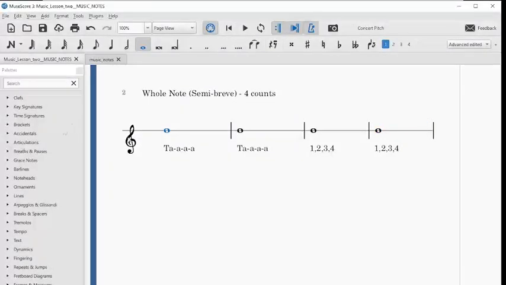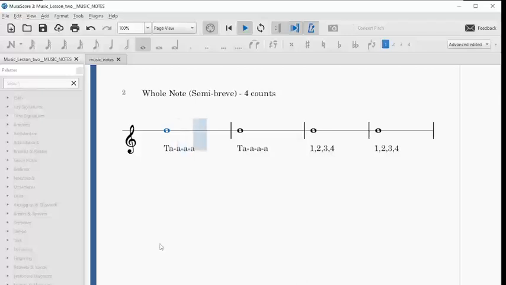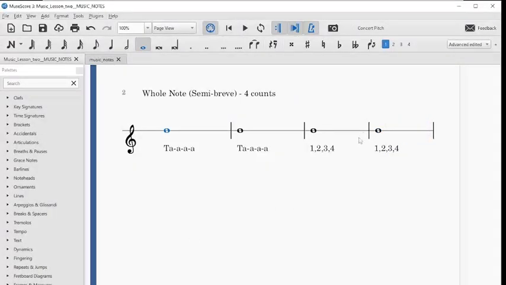I hope this is clear and you can all understand. Ta, 1, 2, 3, 4. So in simple terms, the whole note you sustain for 4 counts.